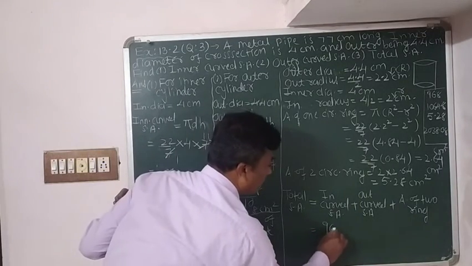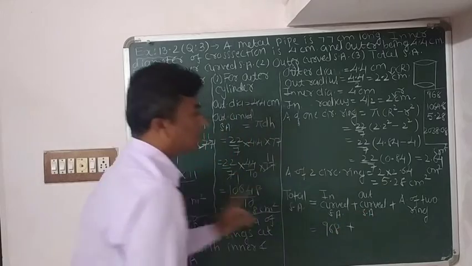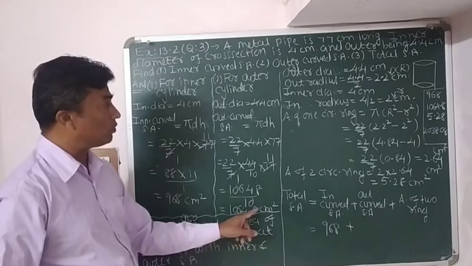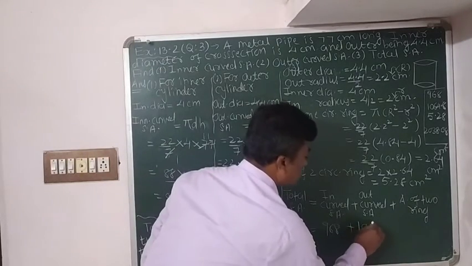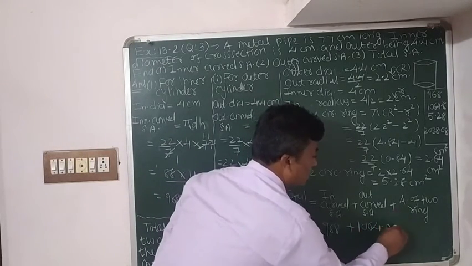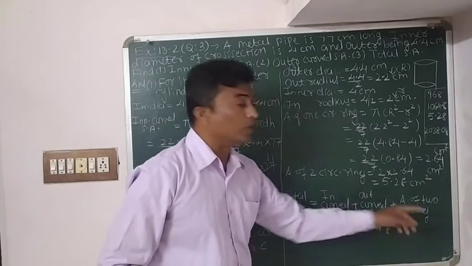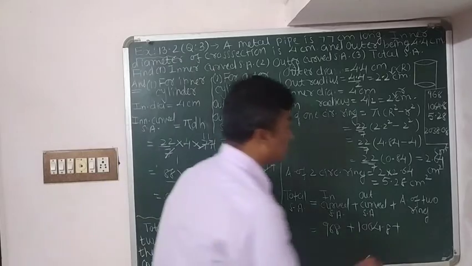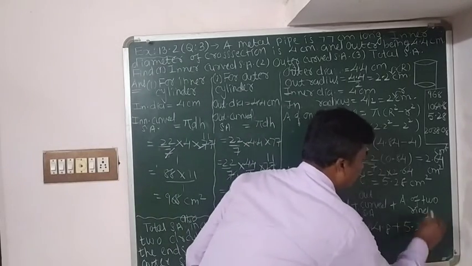So here I can write 968 plus outer curved surface area, we identified 1064.8, plus area of two rings, which is 5.28 centimeter square.